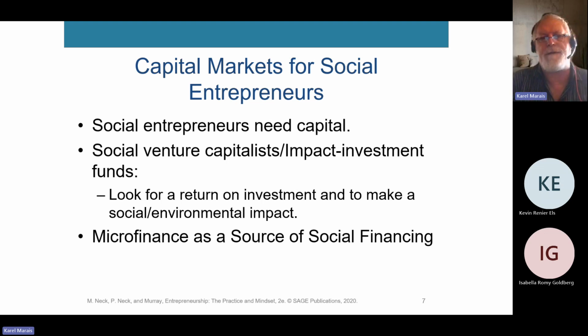for the environment. There's another little part of this, and this is microfinance as a source of social funding, which is a separate thing, but I do want to touch on this.